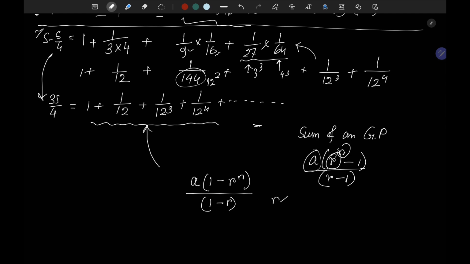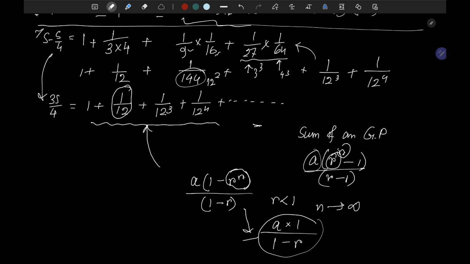Here r is obviously less than 1, because as you can see r is 1 by 12 here, and as n approaches infinite, this term vanishes. So it can also be written as a into 1 by 1 minus r. We will use this formula here.